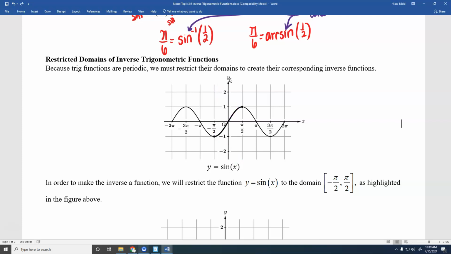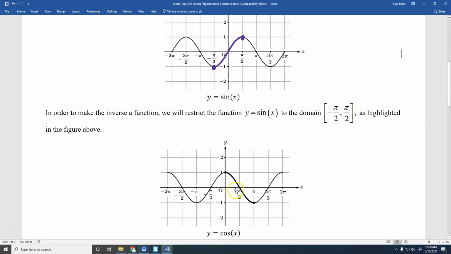So for sine, we restrict to what are sometimes called principal values, from -pi/2 to pi/2. That section is selected because you don't have any values repeated in it, and it covers both the negatives and positives.